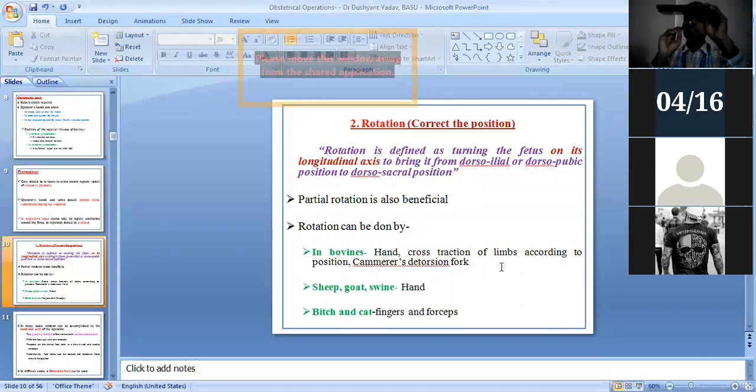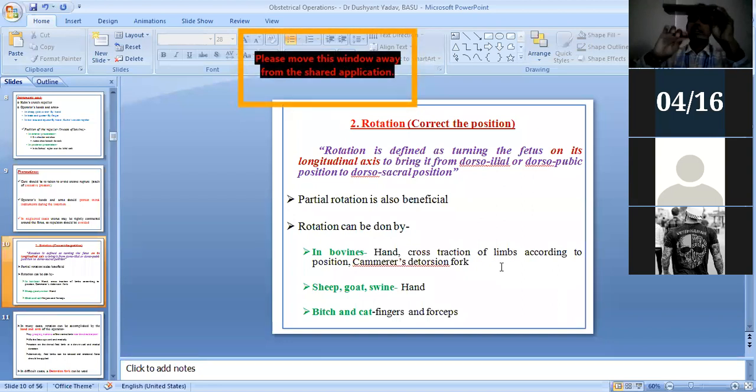Dorso means the dorsum of the fetus, and it is the dorsum of the dam. If the dorsum of the fetus and the dorsum of the dam are parallel, then it is called the normal position, dorsosacral position.